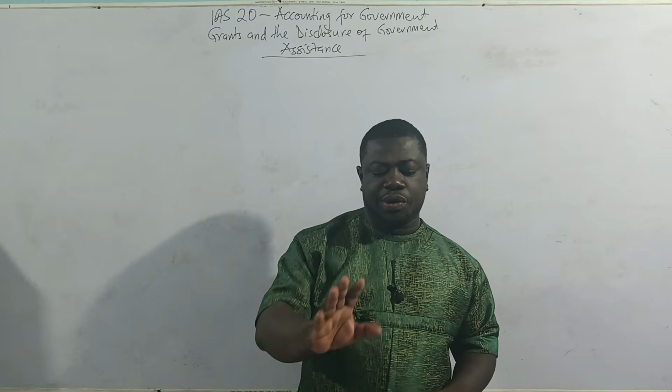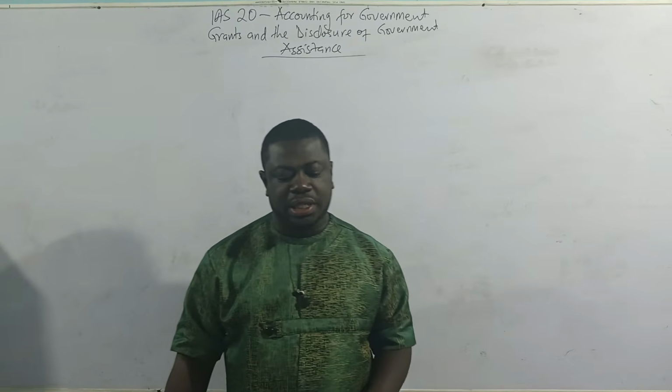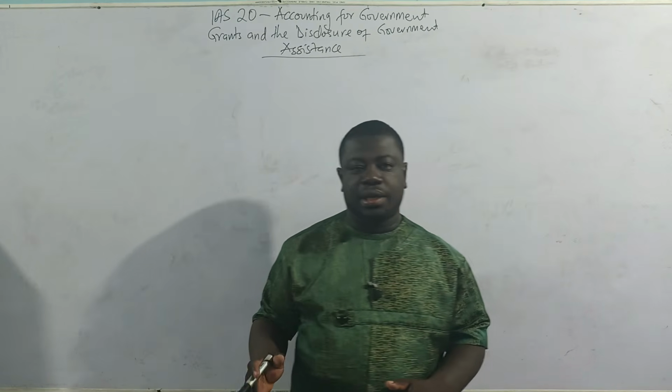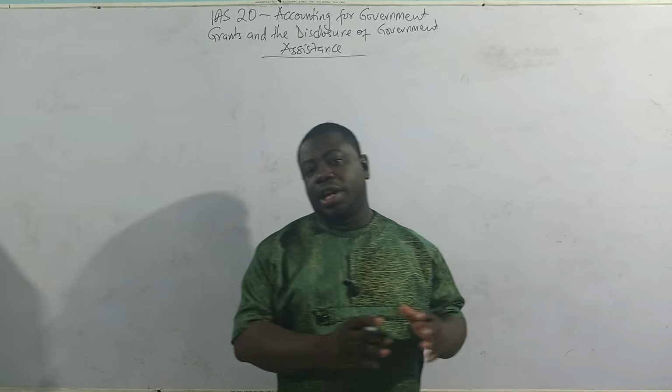So these are the three requirements that we are mentioning. But the first one is that you have to disclose the accounting policy adopted for grant, including the method of balance sheet preparation. And then number 2 is that you have to disclose the nature and extent of grants recognized in the financial statement. You may have received more than one grant or grant from more than one source.